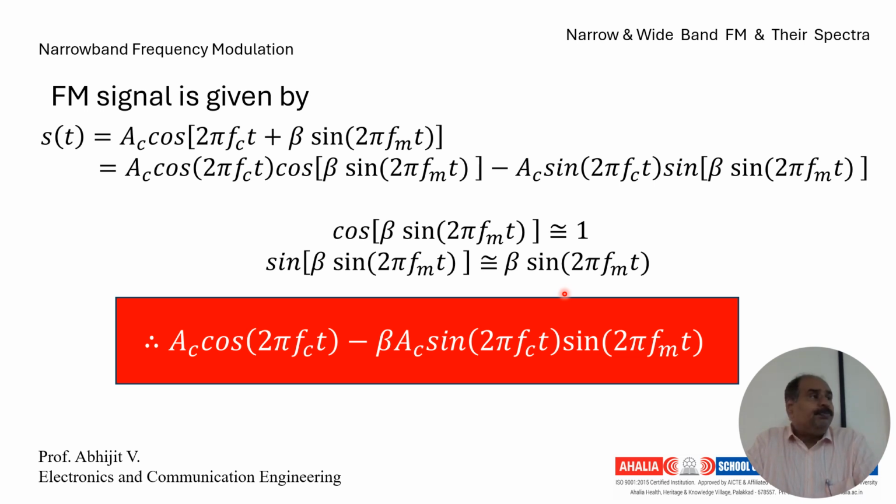Yes or no? So instead of sine of beta sine 2 pi fm t, we approximate beta sine 2 pi fm t, and we get the equation for a narrowband frequency modulated signal.